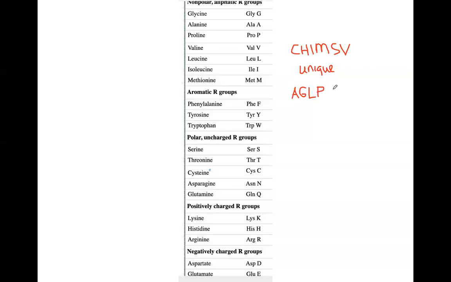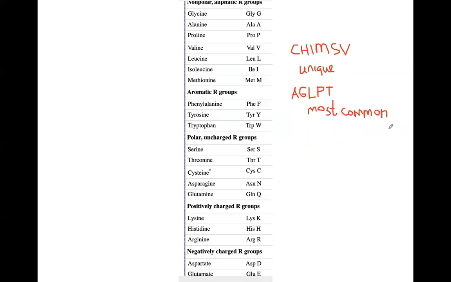And T, threonine. Okay, so these are the most common in proteins.